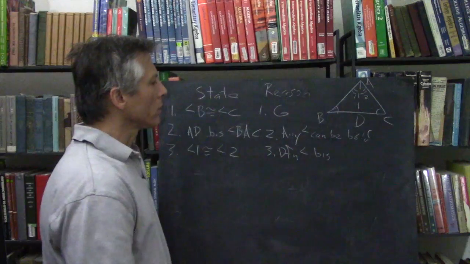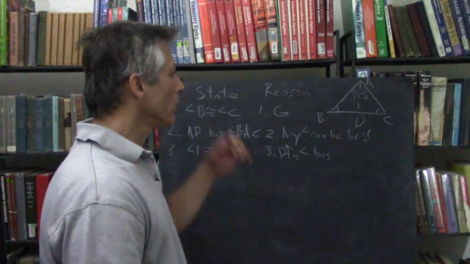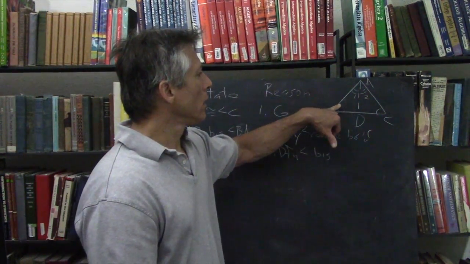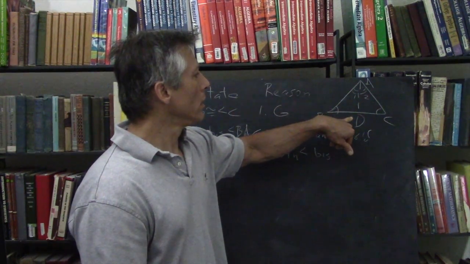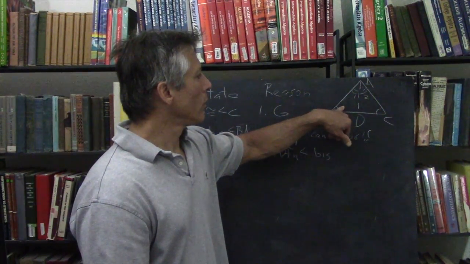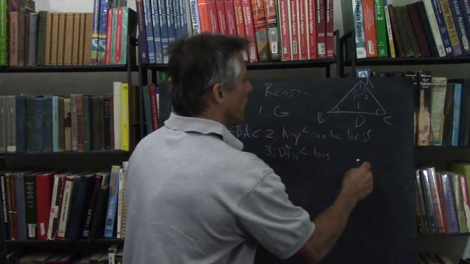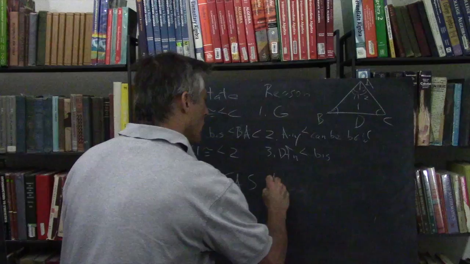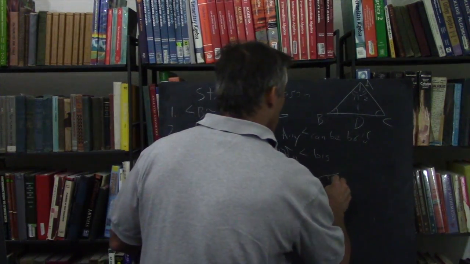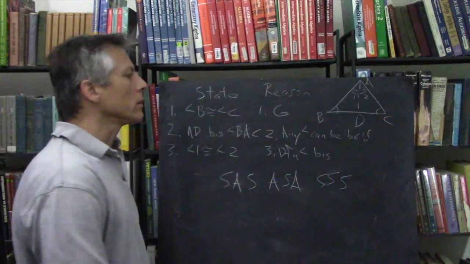Then we've got to show the triangles are congruent. So we've got an angle, and remember we have side, angle, side, angle, side, angle, and side, side, side. We've got those to work with.